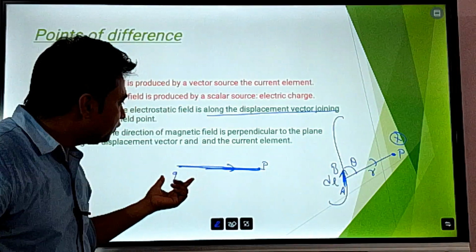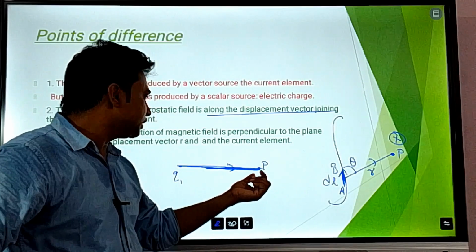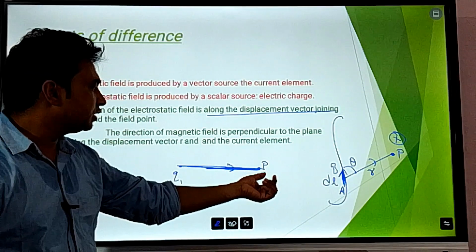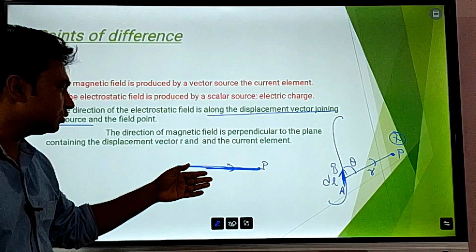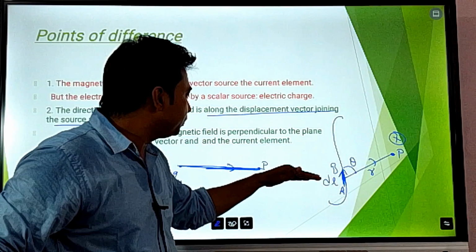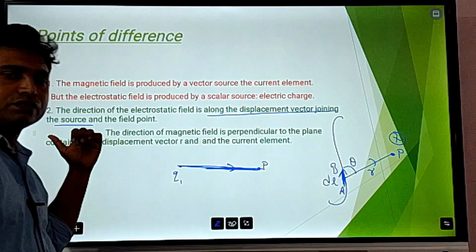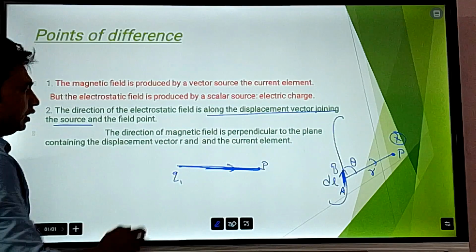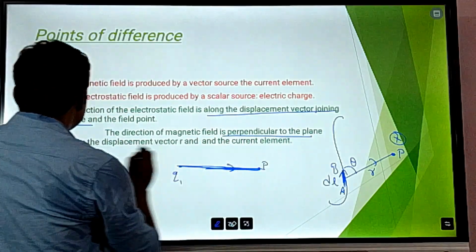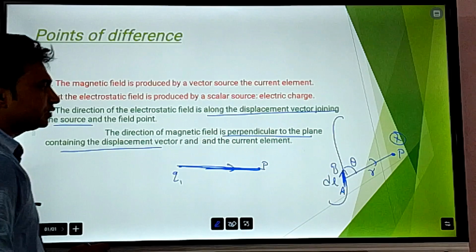But in the electric case, it is always along the displacement vector, that is the line joining Q1 and the point of observation. Along this line will always be the direction of the field. Either it will be towards P or away from P, depending upon the nature of the charge. The direction of the magnetic field is perpendicular to the plane containing the displacement vector.